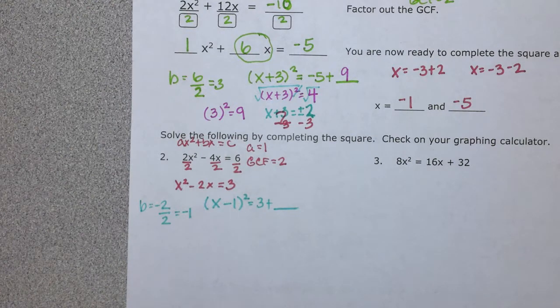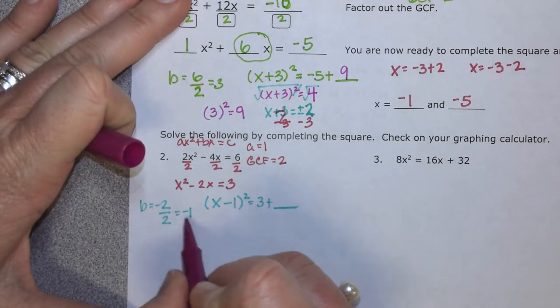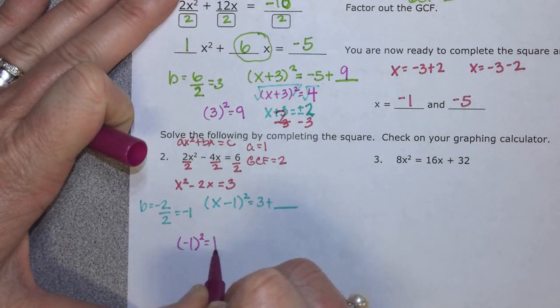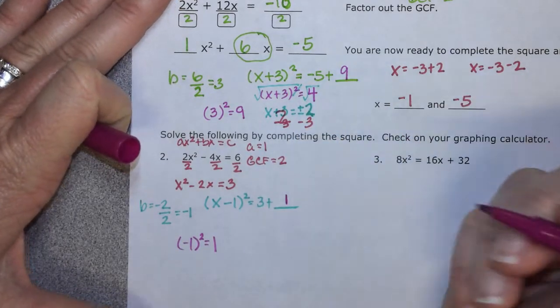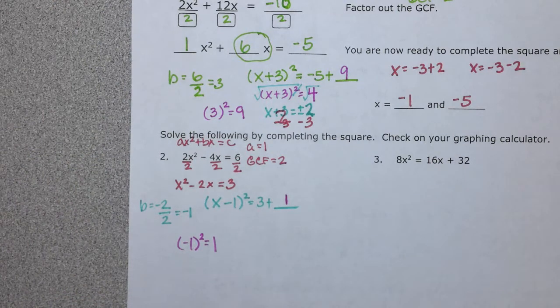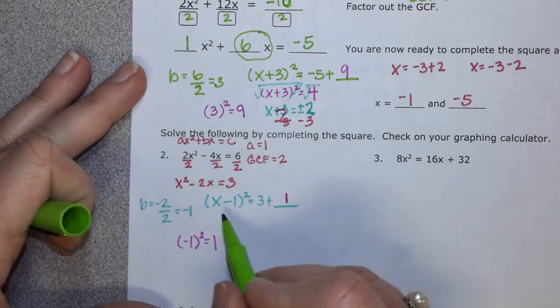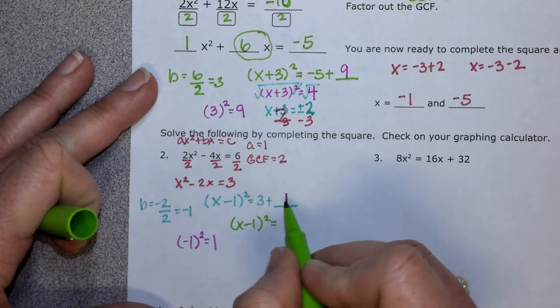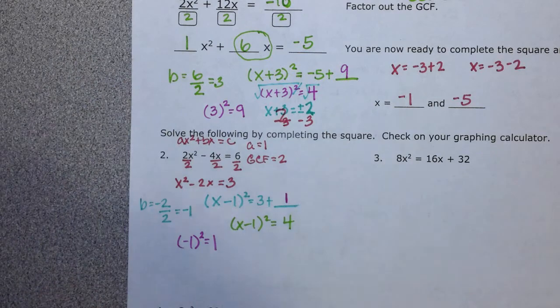Okay, so then to fill in the blank, I have to take this negative 1 right here, and I'm going to square it, which is going to give me 1, and that's going to complete the rest of my equation there. And now I can take all of this and simplify it to x minus 1 squared equals, and 3 plus 1 gives me 4.